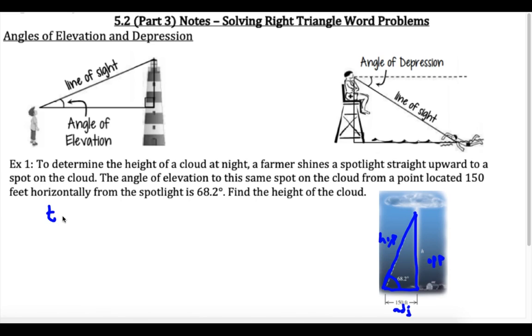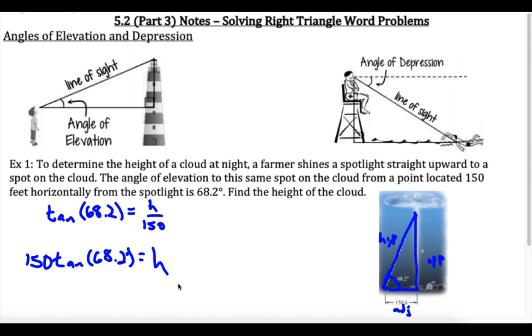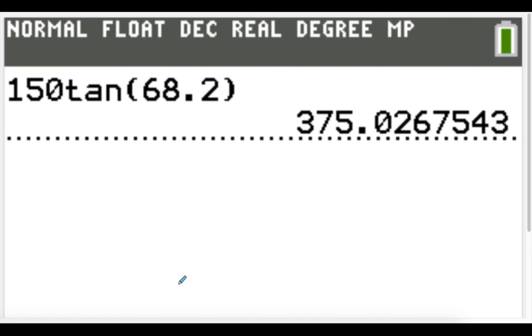My setup would be tangent of the angle, 68.2 degrees, equals opposite over adjacent, so the height over 150. All I need to do is multiply that 150 over, and put that in the calculator.